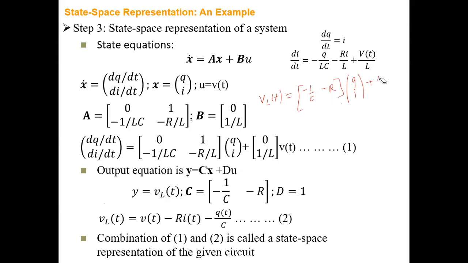I simply cannot write VT here, let me simply write VT. So let's multiply this guy. So VL(t) equals, what do you get here if you multiply these two? This multiplied with that, minus Q over C. This multiplied with that, minus IR plus VT. So look at that. This is exactly the same.